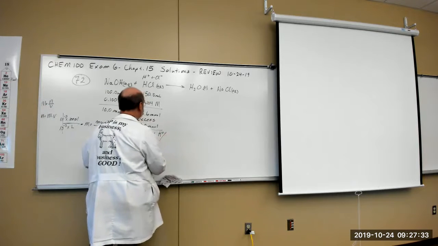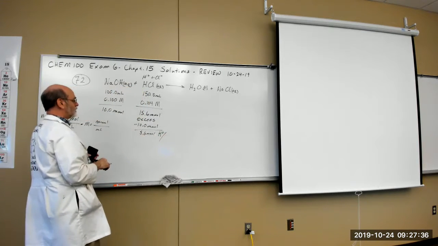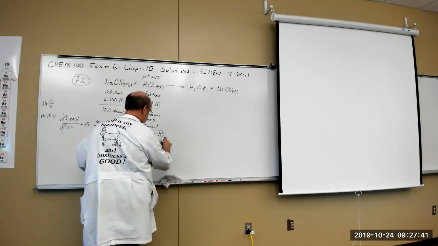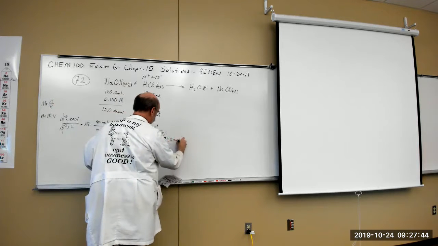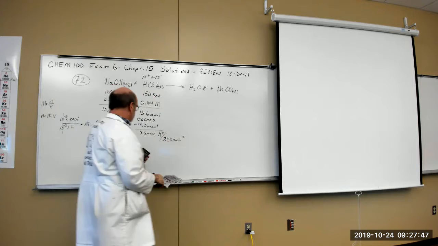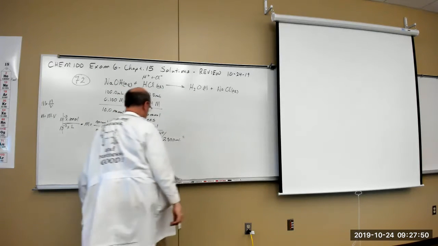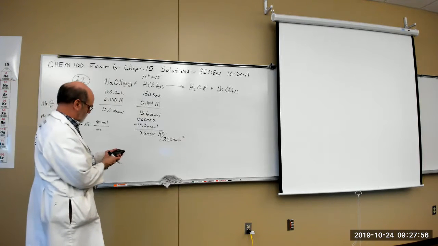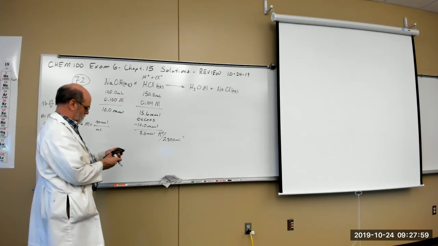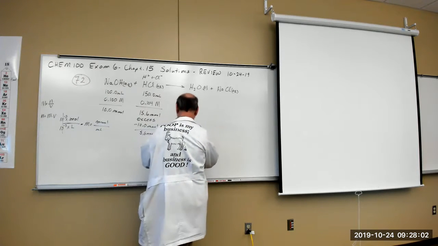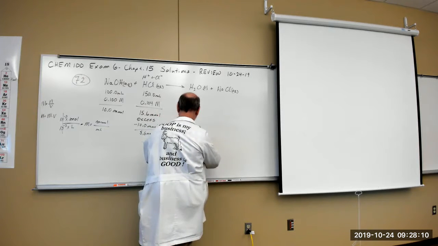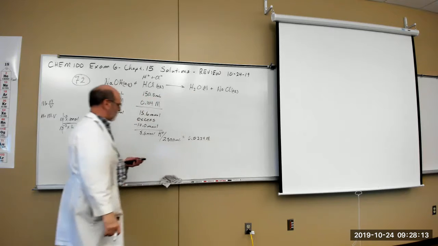Okay, so if we divide this by the total number of milliliters, which is what? 250. 100 plus 150. Right? So that should be, let me just use my calculator. 0.224 molar hydrogen ions.